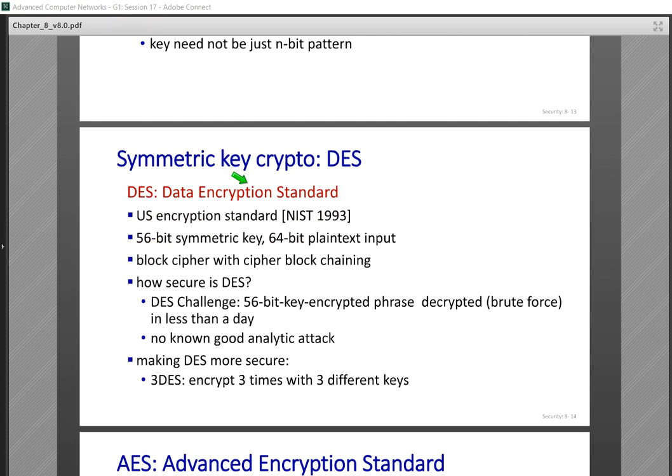There is another algorithm for encryption. Its name is DES, or Data Encryption Standard. This standard is used more than 3 decades, but in 1993, the NIST organization tried to standard this algorithm, the DES algorithm. The DES algorithm is using a 56-bit symmetry key and 64-bit plain text inputs.